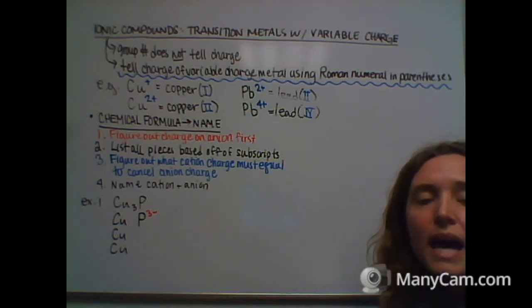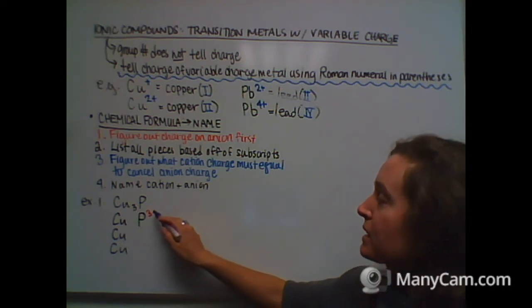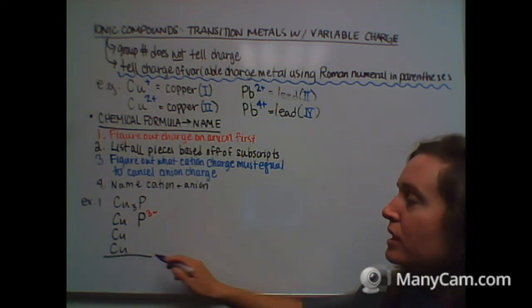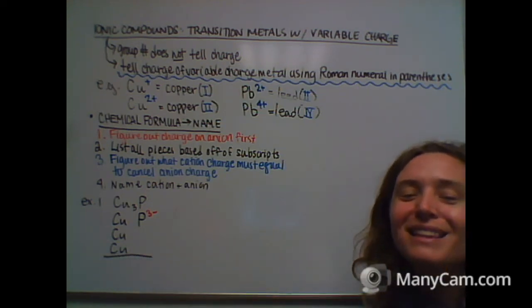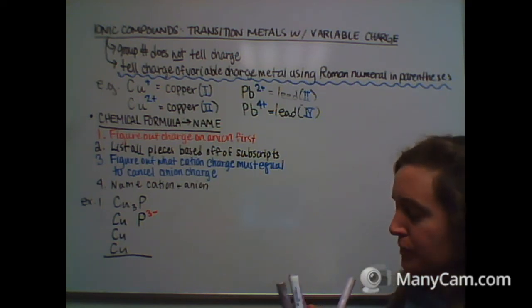All right. Now we're going to figure out what the cation charge must equal to cancel out the anion charge. So we've got a 3-, and we've got 1, 2, 3 copper ions. So what must the charge on each copper be to cancel out the charge on the phosphorus? Right.